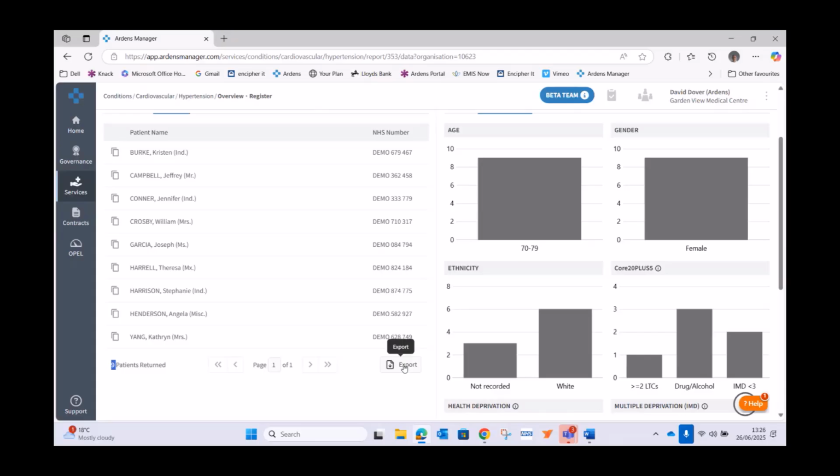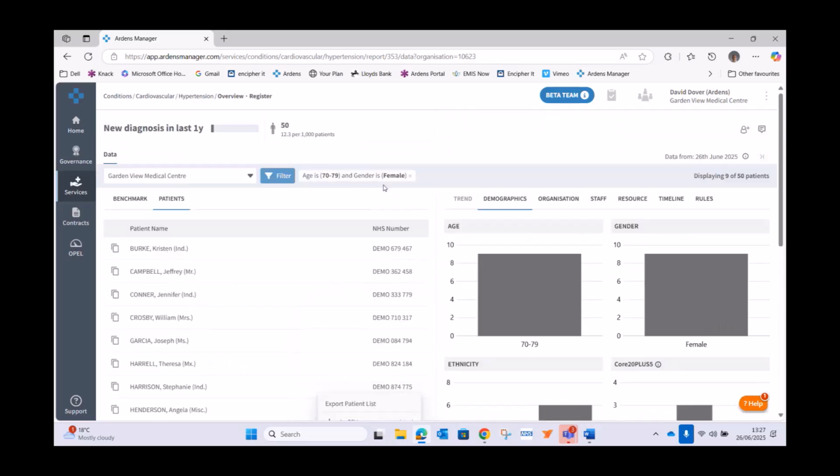So if I wanted to export, 2 options I've got, either as a CSV. Now, CSV is the format that your third-party text providers use, so the likes of iPlato, the likes of Accurx. So if you wanted to invite these patients in for a review of any kind, then again, I can do it very quickly, very easy, just using the Ardens Manager platform.